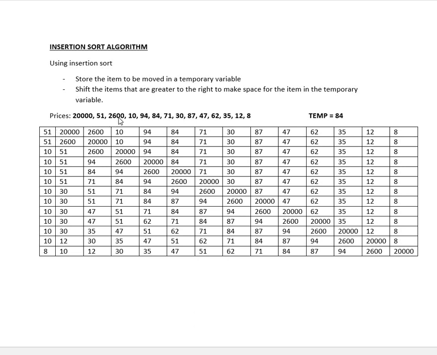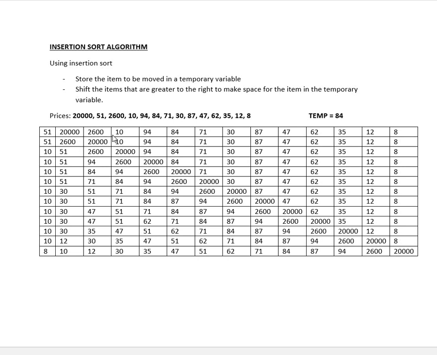And then next we look at the 2600. It is smaller than the 20,000, but it is greater than 51, so it would go in between the 51 and the 20,000, and it comes right here. So everything else is shifted to the right.